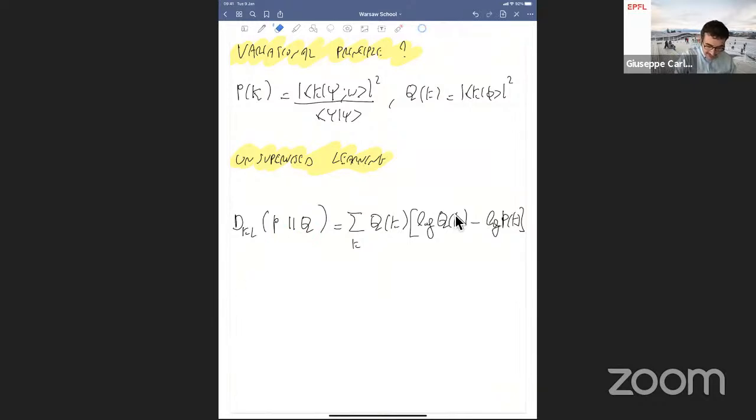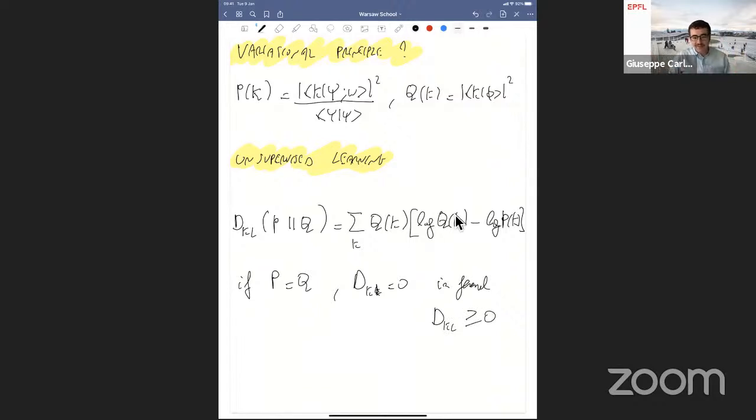So if P is equal to Q, then the DKL is equal to 0. Otherwise, in general, this pseudo distance is greater or equal than 0, so it's positive definite.